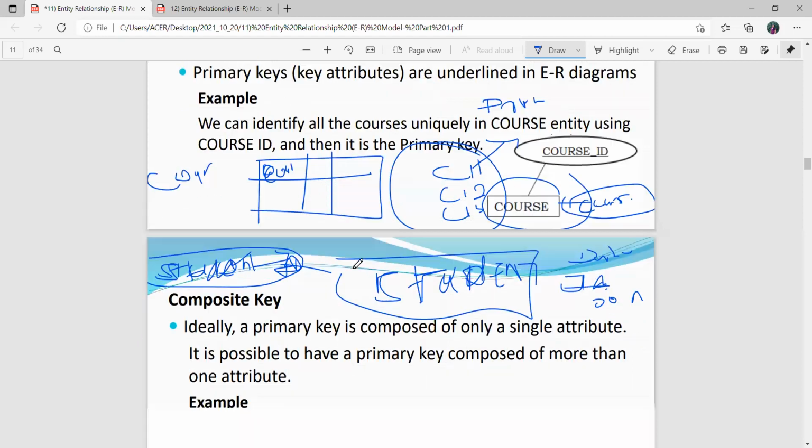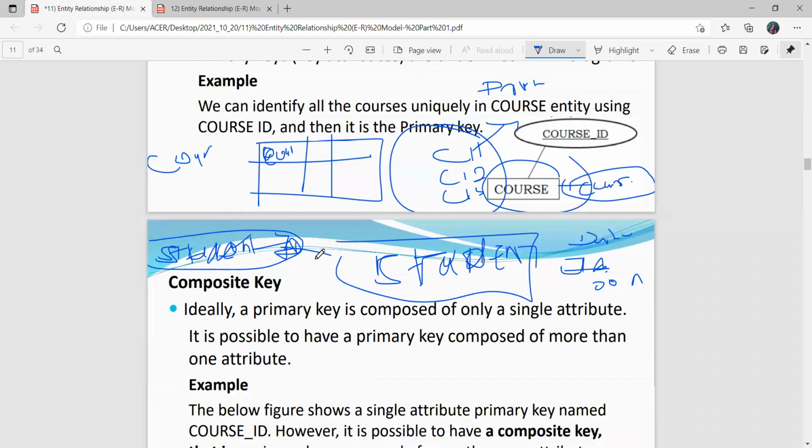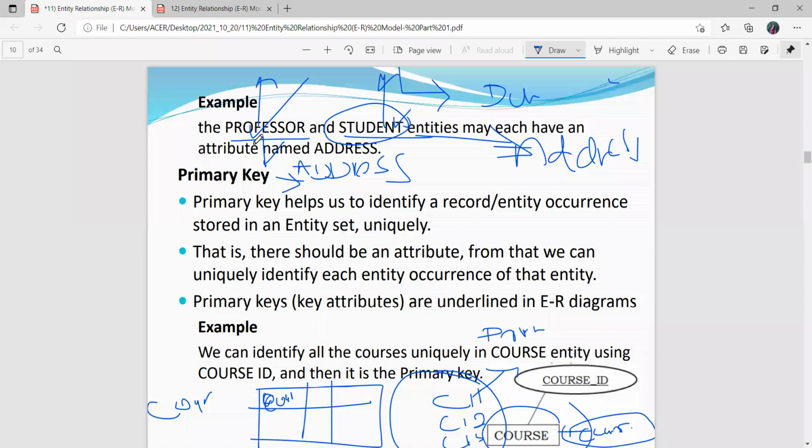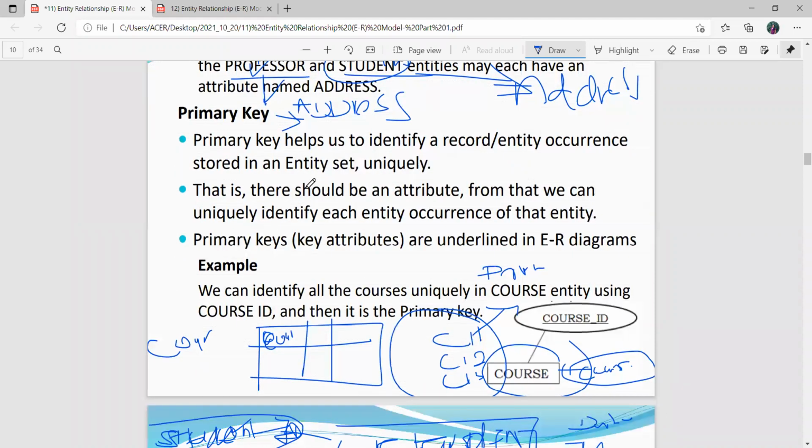This is up to you. You can use any name, but a meaningful name to represent the attributes. Then this primary key. A primary key is a key which is used to identify each and every record uniquely. So in an ER diagram or ER modeling, we underline the primary key like this.